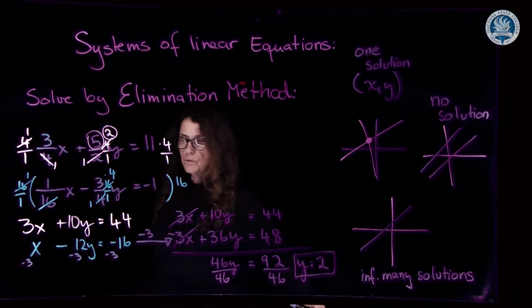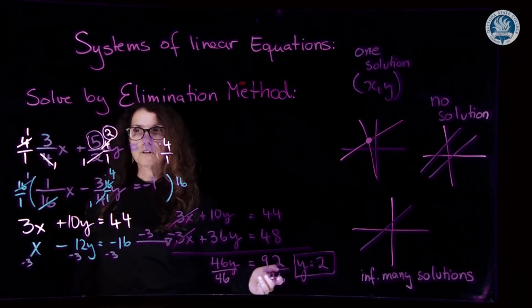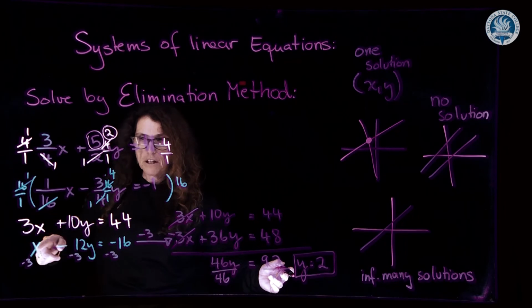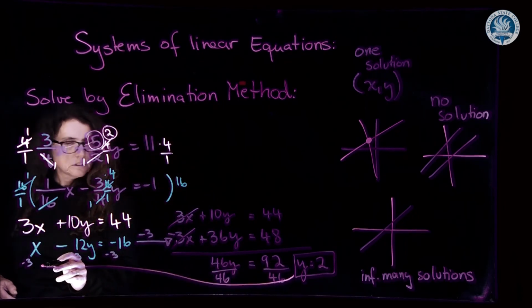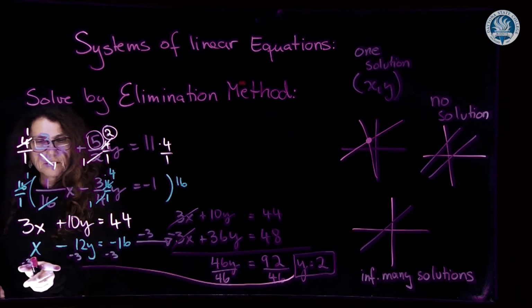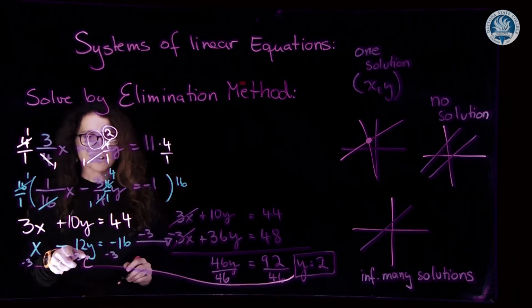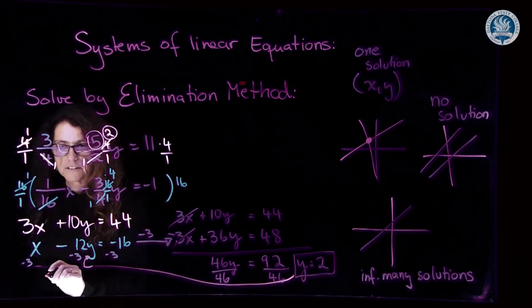Now you need to find your x value. I'm going to plug in the y value into my green equation. I need to find x, not y. I'm plugging in the y value into the green equation, replace y with 2, and that way I can find x.